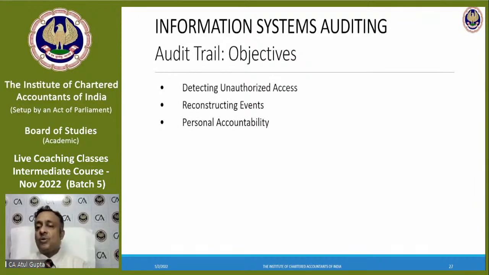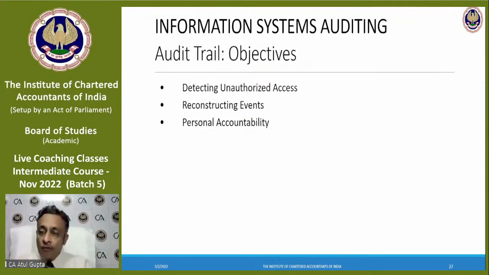She must only create a cash voucher. She must not be able to edit or modify a cash voucher. So when a cashier who only creates a cash voucher tries to modify, that is referred to as unauthorized access, because ideally she must not be able to modify a voucher. So the first thing it helps us: help detect unauthorized access.